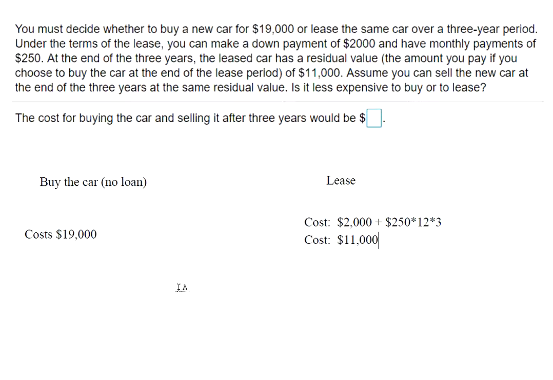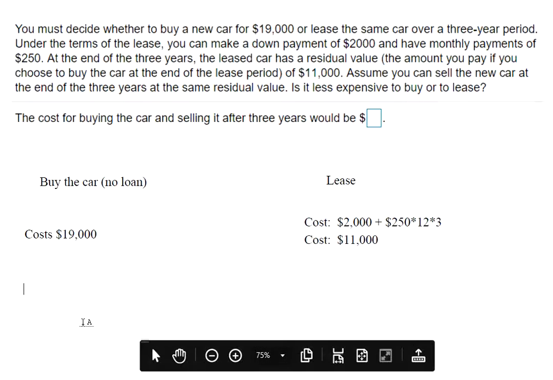So the cost of buying a car and selling it after 3 years, that's our first option. I guess I cut out the other options, but I'll go get those. We know it costs $19,000. So if we sell, it says the residual value is $11,000.